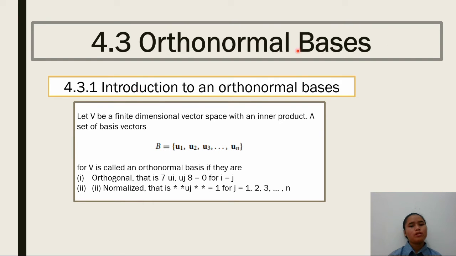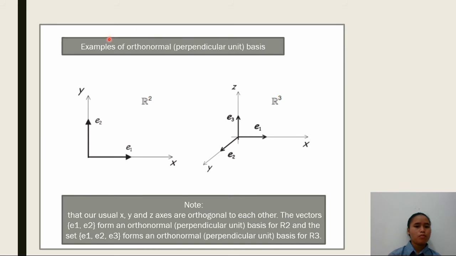Orthonormal basis. Reduction to an orthonormal basis. So this is a basis from the orthonormal, so orthogonal and normalized. Example of an orthonormal, perpendicular unit basis.